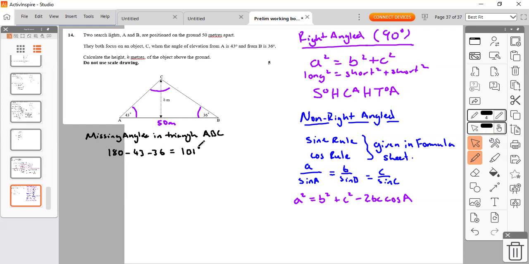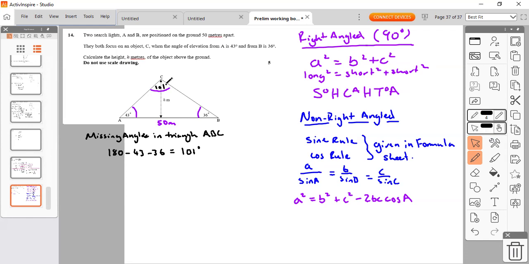The 180 is because all three angles equal 180 degrees. So 180 minus the two angles that I'm given allows me to find that missing angle. So now I've got another wee bit of information: 101 degrees.